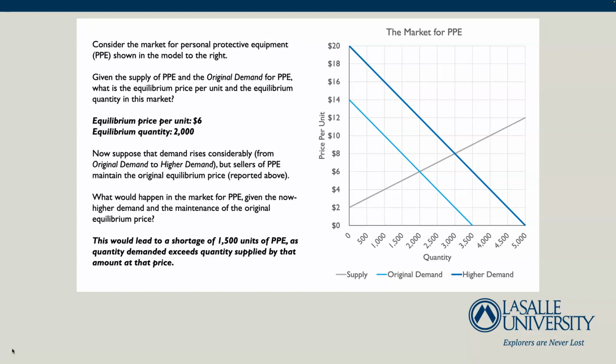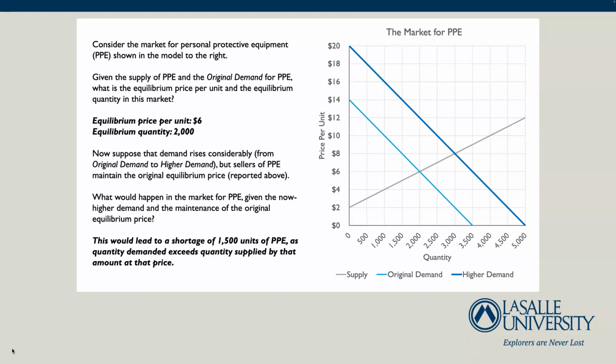But now suppose that demand rises considerably from the original demand shown here to the higher demand also shown here. Suppose that sellers of PPE maintain the original equilibrium price of $6 per unit. What would happen in the market for PPE given the now higher demand but maintaining the original equilibrium price? So at the price of $6 per unit, the quantity demanded would be 3,500 units, but the quantity supplied would be 2,000 units.